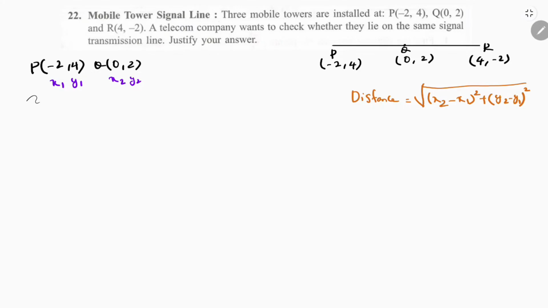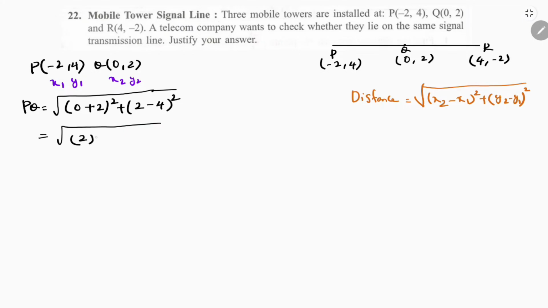So now PQ distance is the square root of (0 minus x1), so already it is minus, minus of minus plus, 0 plus 2 whole square, plus (y2, 2, minus y1 which is 4), 2 minus 4 whole square. 0 plus 2 is 2 square, 2 minus 4 is minus 2 square. So 2 square is 4, minus 2 whole square is 4.